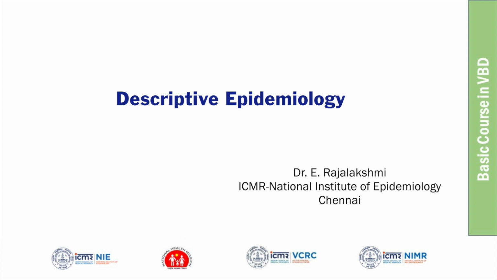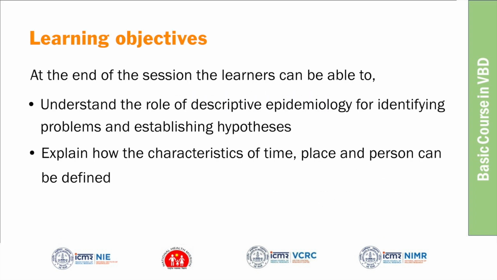So today's topic is a very simple topic, descriptive epidemiology. At the end of the session, you will be able to understand the role of descriptive epidemiology for identifying problems and establishing hypotheses, and to explain how the characteristics of time, place, and person can be defined.